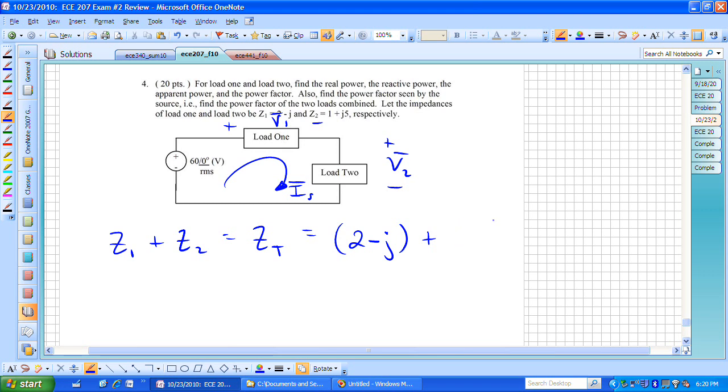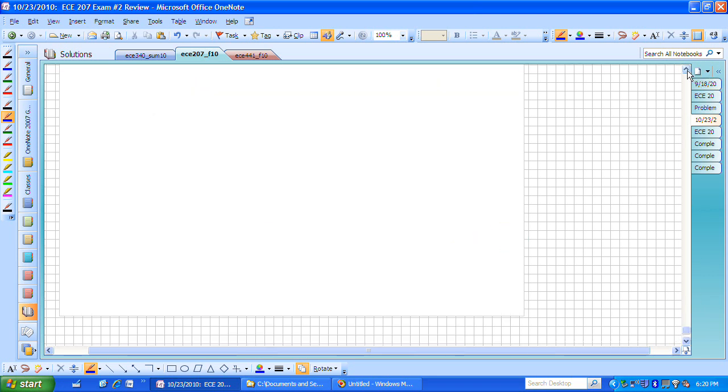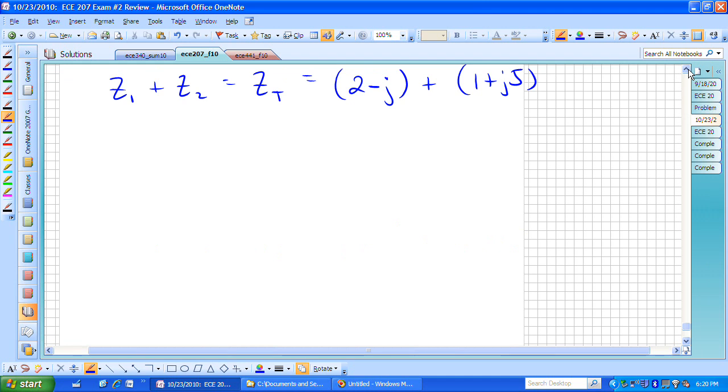The Z sub 2 impedance is 1 plus J5. Those have already been written in rectangular form, which allows us to fairly easily combine the real parts and the imaginary parts to obtain 3 plus J4 for our total impedance.